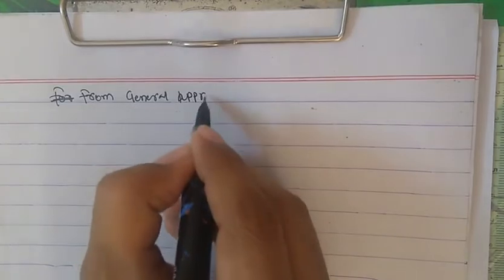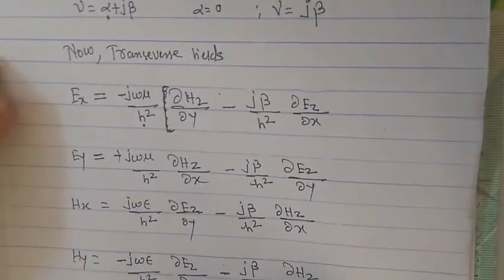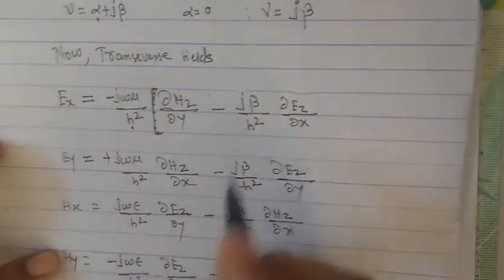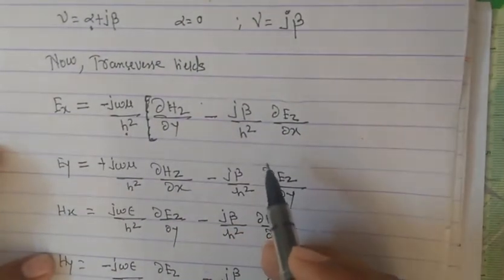You will use the general approach. So let us have that set of equations from the general approach: Ex, Ey, Hx and Hy. Since you are doing TE mode analysis, your Ez will be 0.